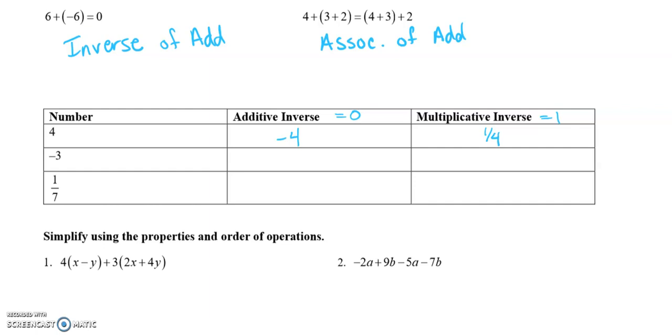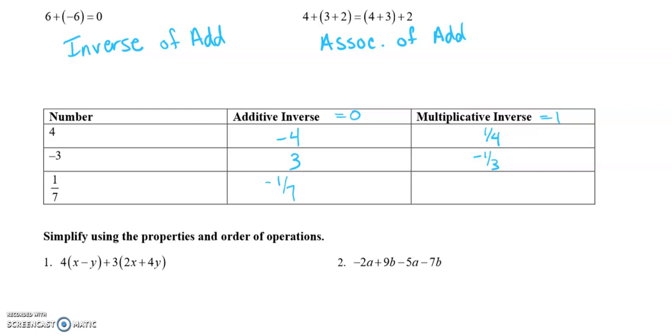If my number is negative 3, the additive inverse there is 3, because negative 3 plus 3 gets me to 0. And the multiplicative inverse of negative 3 would be negative 1/3, because negative 3 times negative 1/3 gets us to 1. And then we've got 1/7. The additive inverse there would be negative 1/7.